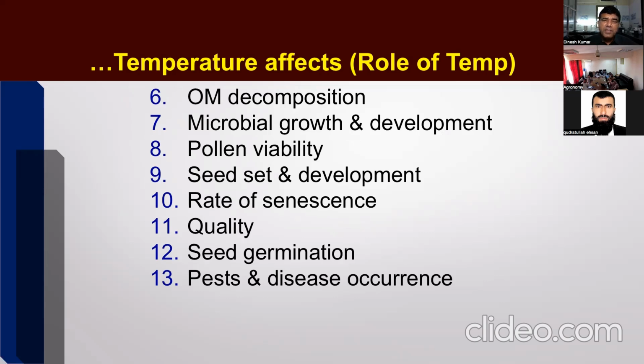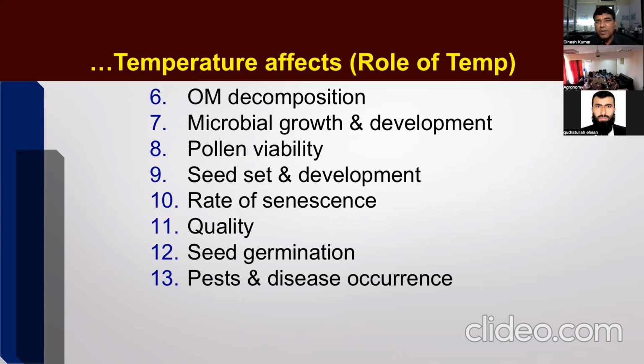Pollen viability is important. To get seed setting in plants, you need pollination. If pollen is dead, or inactive at too high or too low temperature, then for pollen viability, some optimum temperature is required.